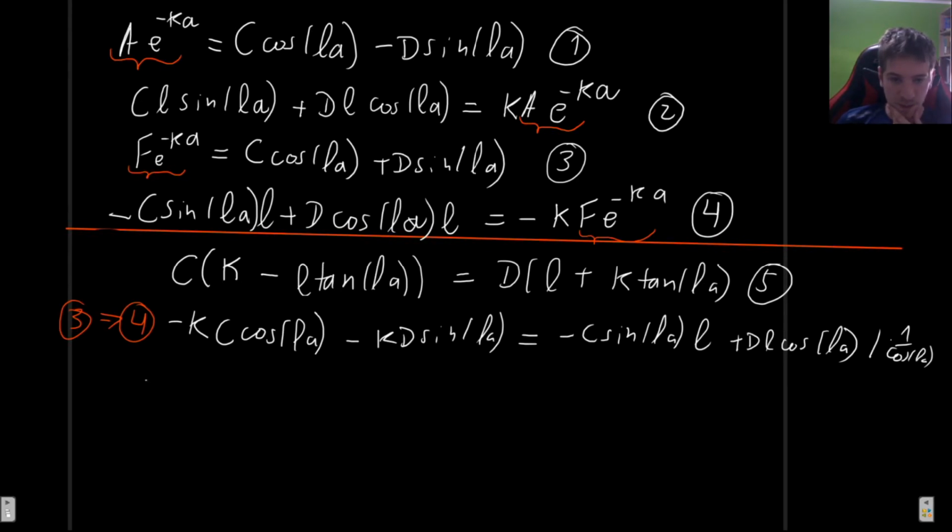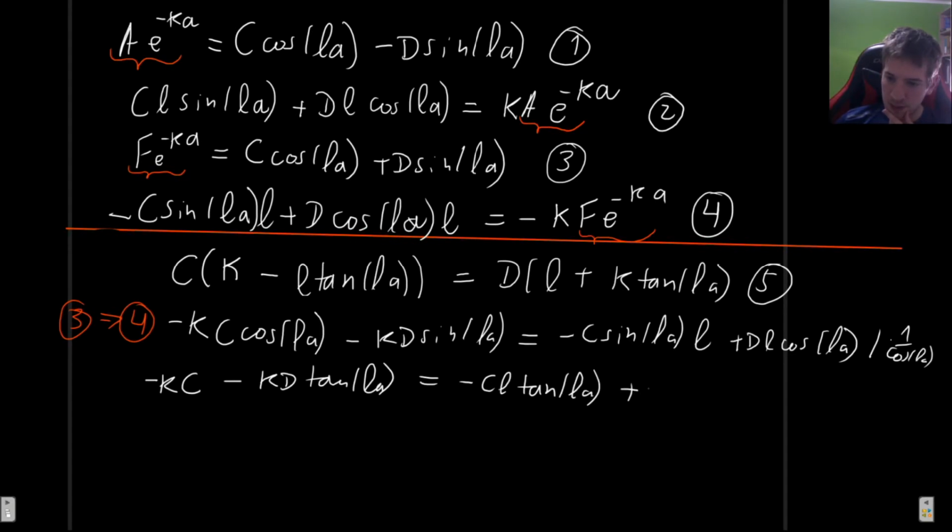So it's going to be minus kc, the cosine will simplify out, minus kd tangent of LA. This has to be equal to minus cl tangent of LA plus dl, and the cosine will now simplify out. So let's, just as we did before, put c's and d's together. So c's to the left hand side, d's to the right hand side.